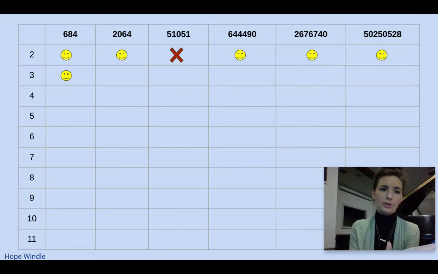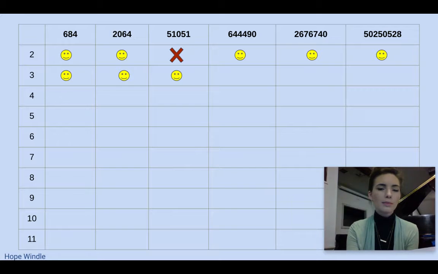Now let's move on to 2064. Let's add up those digits together. 2 plus 6 is 8, plus 4 is 12. So this number is also divisible by 3. Then 5 plus 1 is 6, plus 5 plus 1 is 6. That's 12, so that's also divisible by 3.